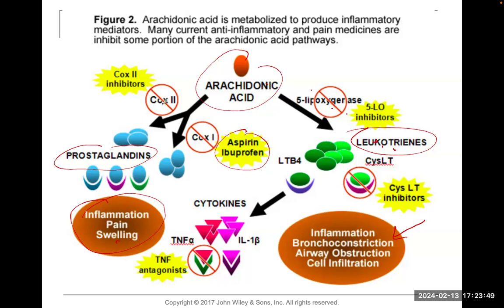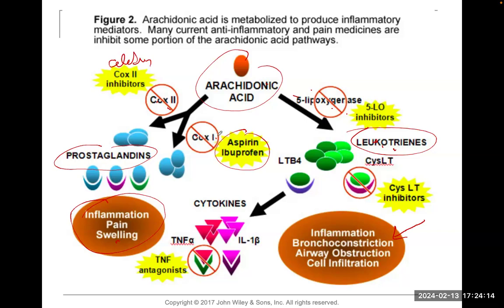Cyclooxygenase is the COX enzymes. Cyclooxygenase 1 and cyclooxygenase 2 are cyclooxygenases, and these are lipoxygenase. So the COX enzymes 1 and 2 affect different branches. Celebrex is a COX-2 inhibitor.